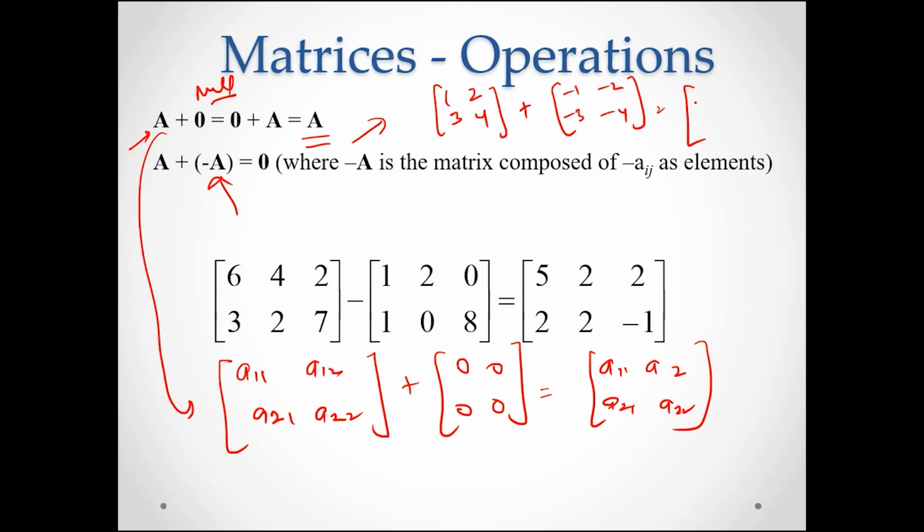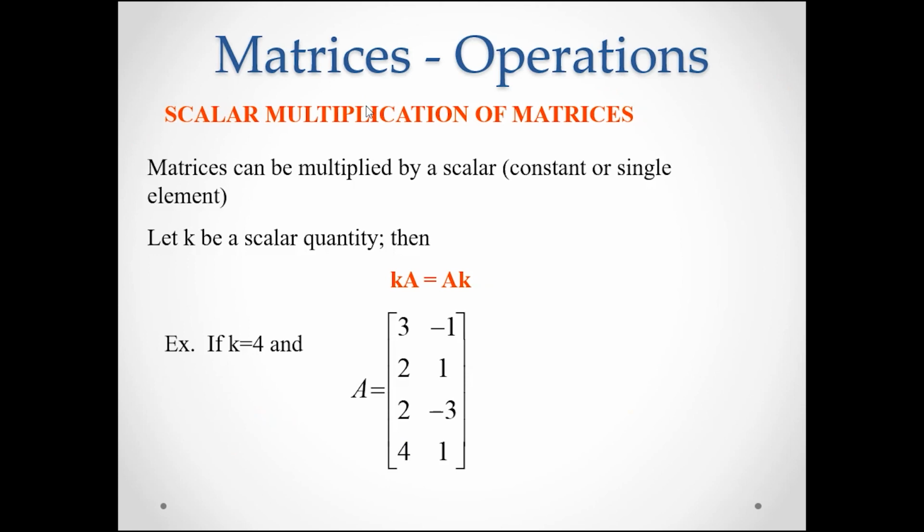The output will be 1 plus minus 1 will be 0, 2 plus minus 2 will be 0, 3 plus minus 3 will be 0, and 4 plus minus 4 is going to be equal to 0. Or we can write this as subtraction in general. So you can see this is an example of subtraction in general. But particularly for A minus A, the output is going to be 0.